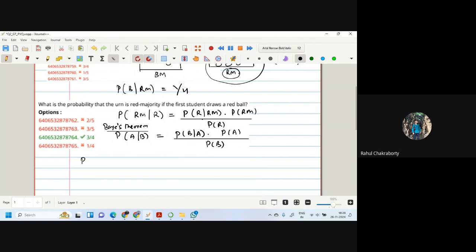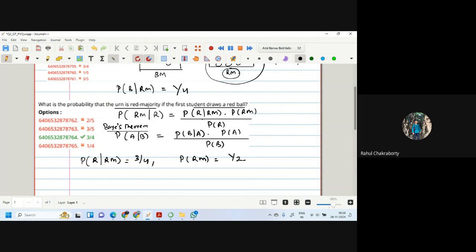So we have to calculate. Can we do it this way? They're asking the probability that the urn is red majority if the student first draws the red ball. In the numerator, we keep red ball drawing from red majority, which is 3/4, divided by, see, this formula will come handy. Probability of red over red majority is 3 by 4, probability of red majority is 1 by 2.